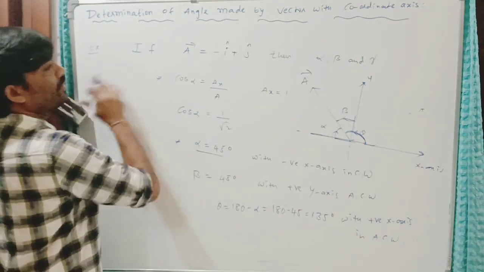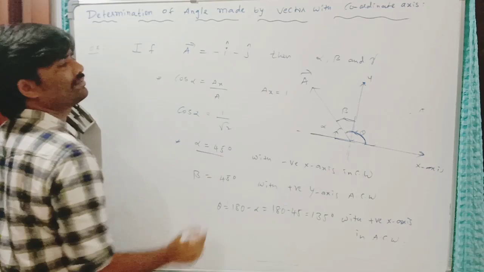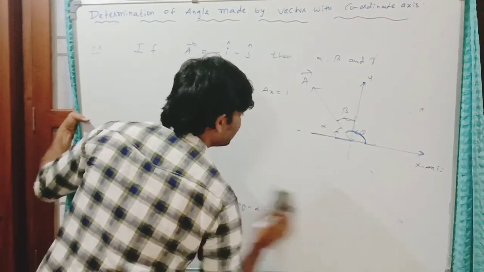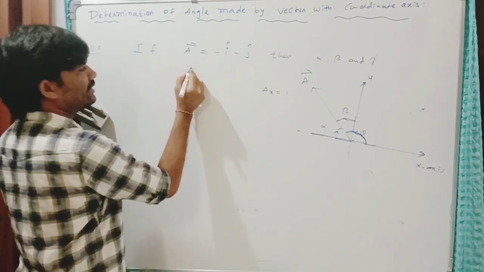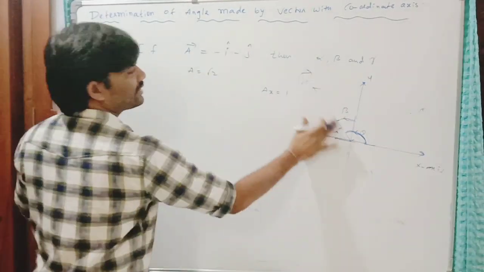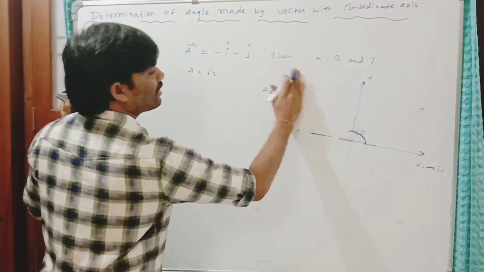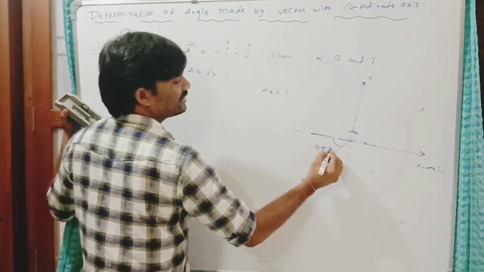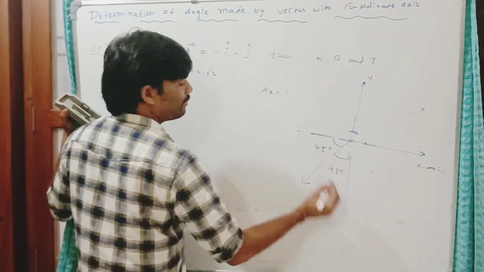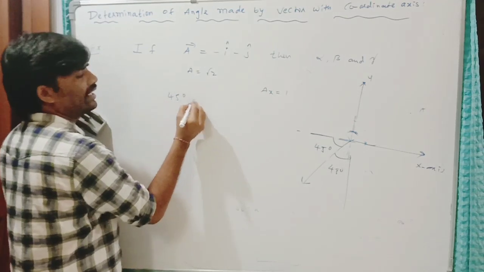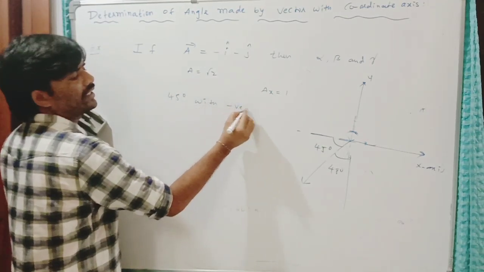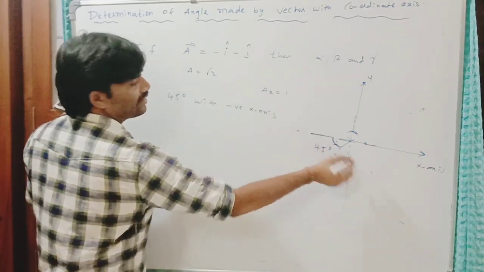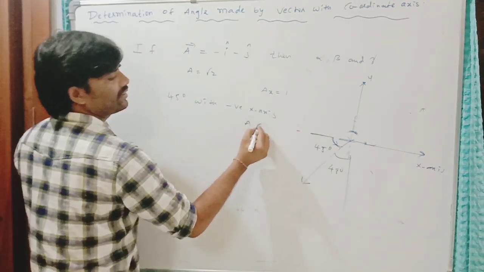Clear? Now if you have a vector like this, can you say the direction and magnitude? Magnitude is root 2. Again, the magnitude is the same, root 2 only. So this vector now lies in the third quadrant. So you can say this is 45 degrees and this is 45 directly. Means it makes a 45 degrees angle with the negative x-axis, and the direction of measurement of the angle is anti-clockwise.